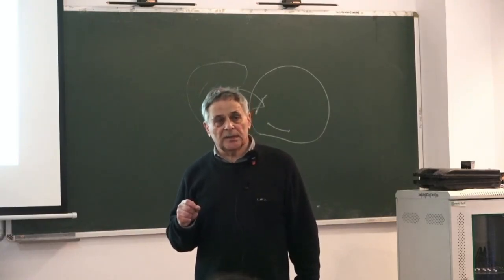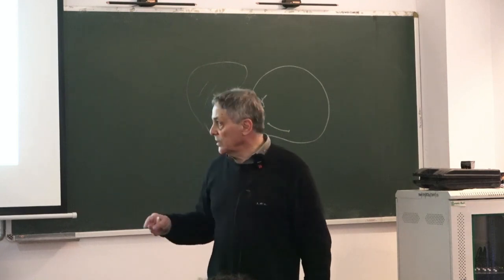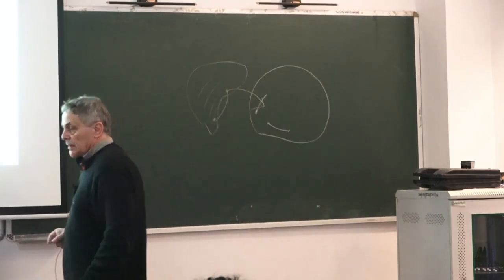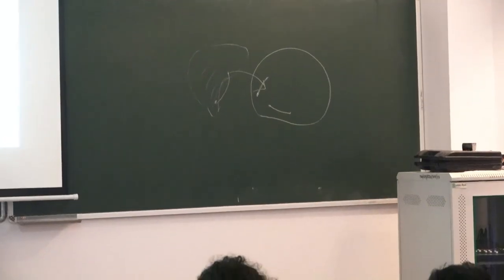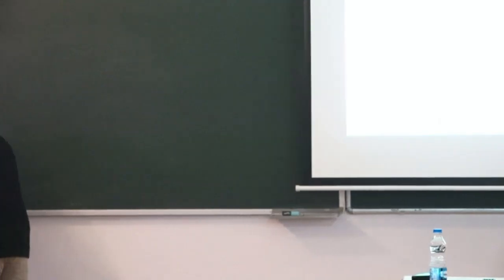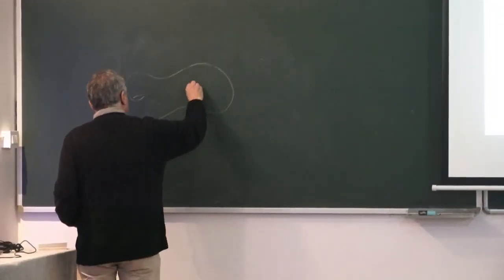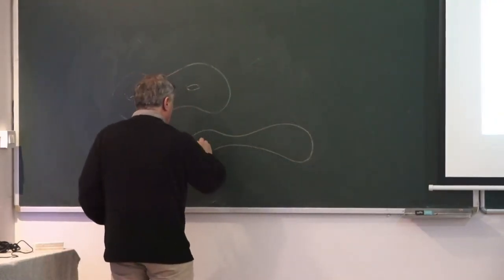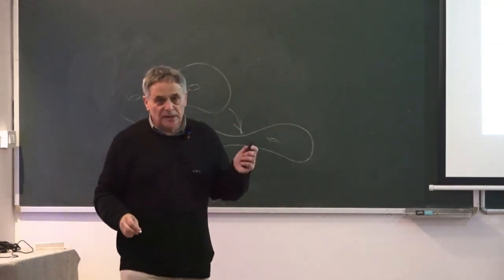So yesterday we talked about quasi-conformal maps, and today I will continue a little bit about quasi-conformal maps. I have, say, a surface, a closed surface, and then another surface here, which has a different shape, and suppose both of them are hyperbolic.